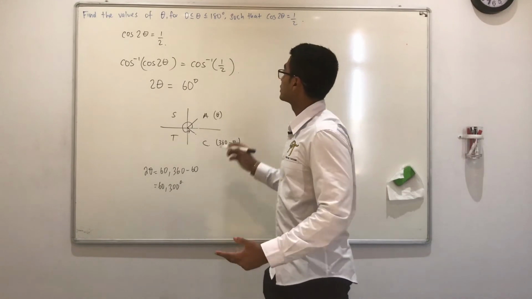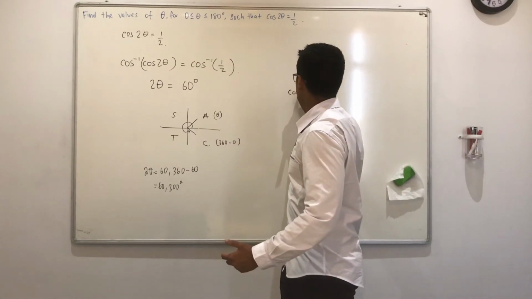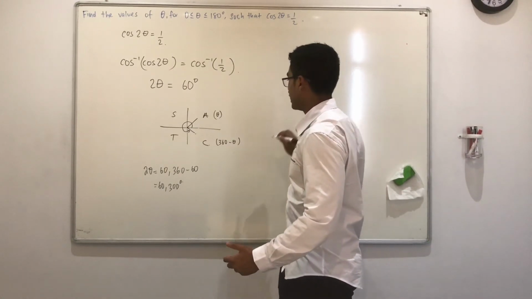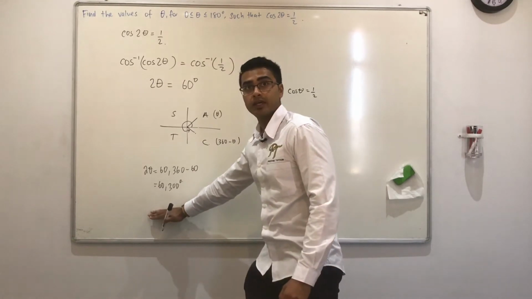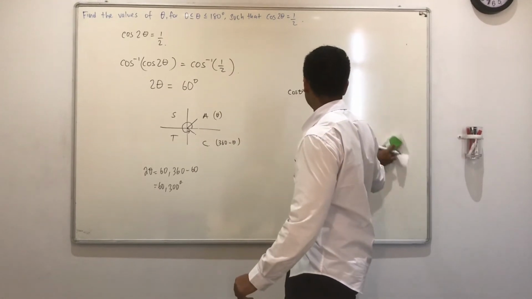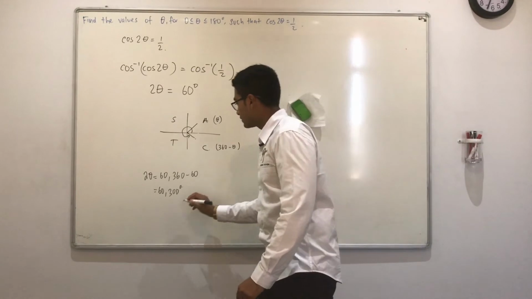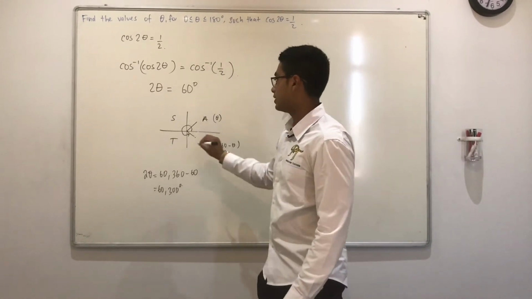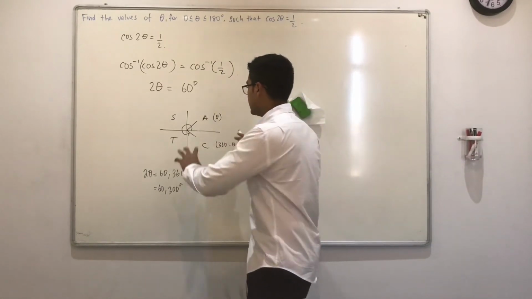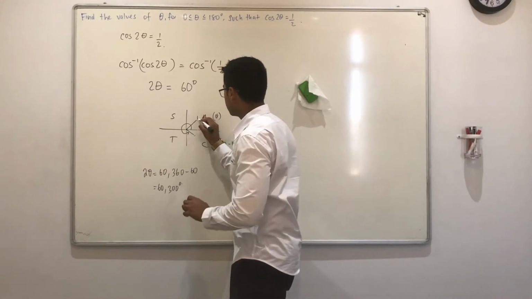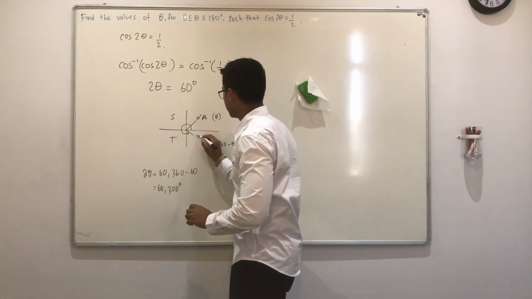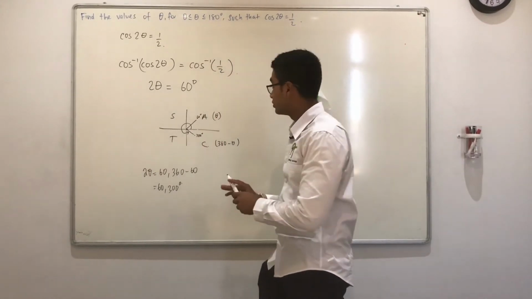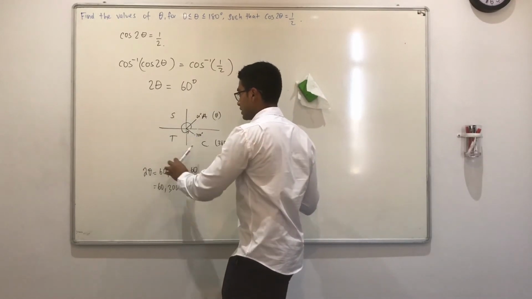But note, we're dealing with 2 theta rather than theta. So if a standard question was cos theta is equal to half, then we would essentially stop there. But we're dealing with 2 theta, so in order to fix that, what we'll have to do is go another rotation around. So this was our first rotation where we had 60 degrees and then we had 300 degrees. Now what we have to do is go around again.